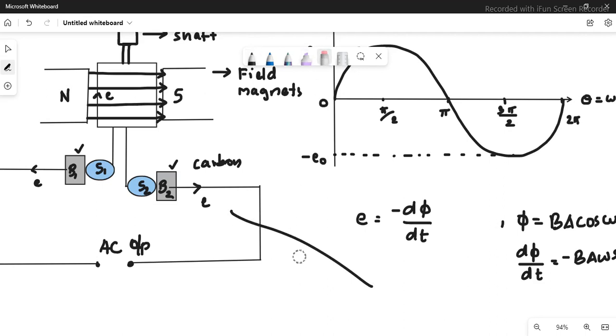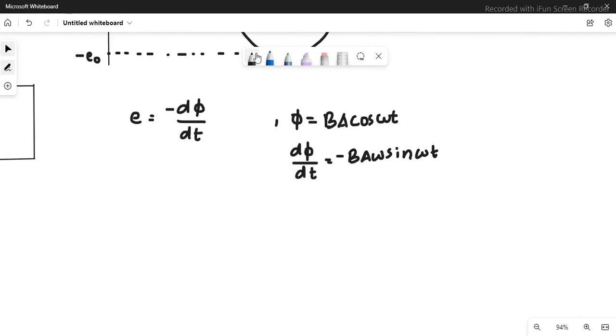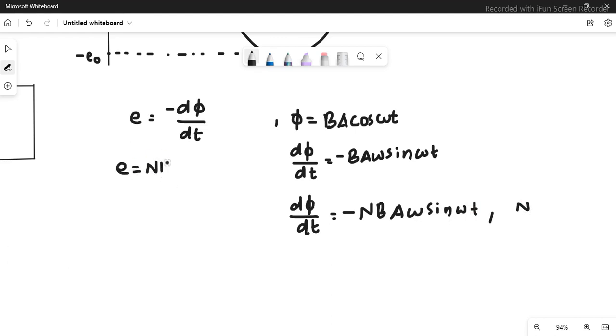So for N turns, we can write d phi by dt is equal to minus N B A omega sine omega t, where capital N is the total number of turns. So E is equal to minus d phi by dt. Substituting this, we get E equal to N B A omega sine omega t.